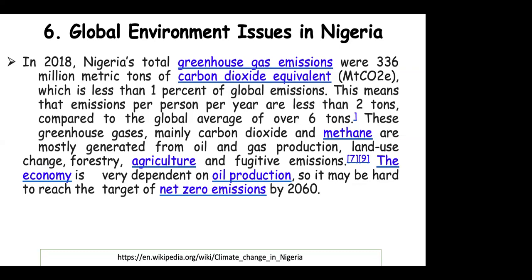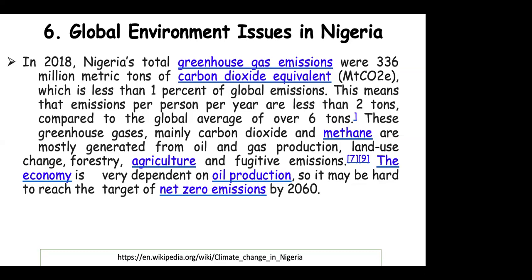In Nigeria, the two major contributors of greenhouse gases are CO2 and CH4, methane. And what are the sources of CO2? Human activities, anthropogenic, that's industrial activity, right?